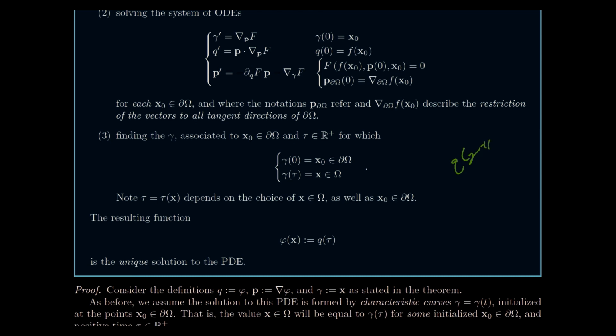Q of gamma inverse of x is going to be phi of x. So I can find phi by finding the very specific characteristic that I need to plug into Q. At this point, you can say that phi of x is Q of t.